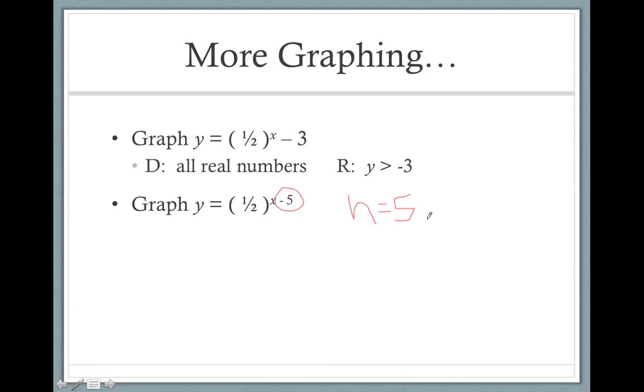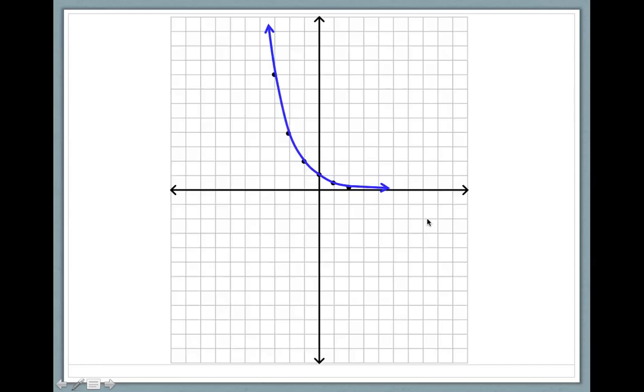So what does an h of 5 tell us? Well, if we know this is the regular 1/2 to the x graph, then an h value of 5 is going to move everything 5 units to the right. And so that's going to move our graph to this position.